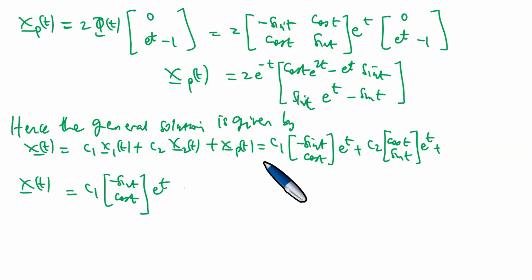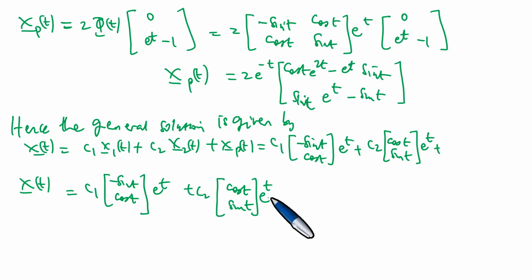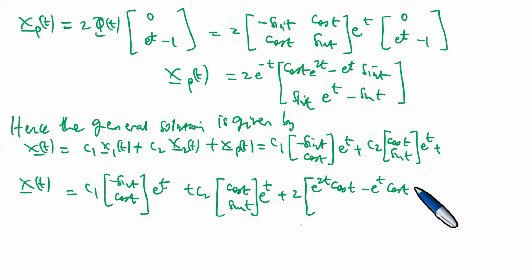Again, c2 cosine t sine t, e to the t, plus 2, and then now it is e to the 2t cosine t minus e to the t cosine t, e to the 2t sine t, e to the t sine t.